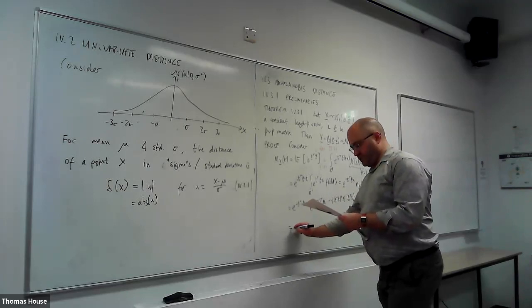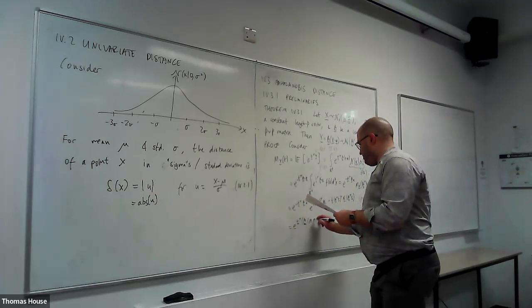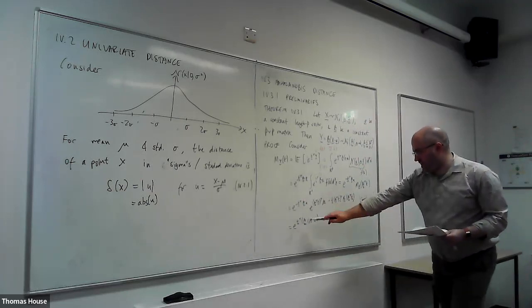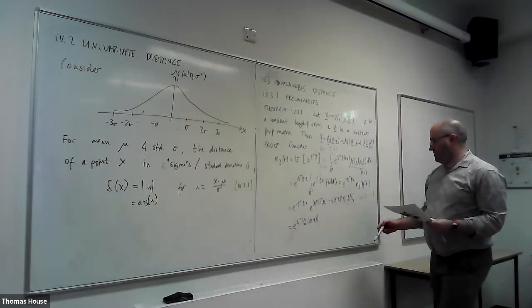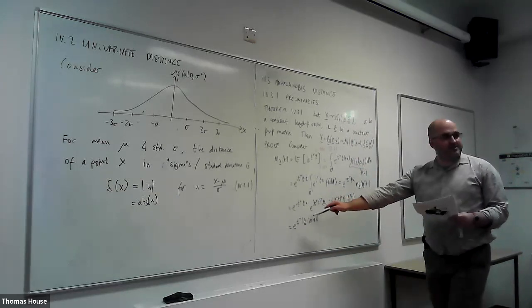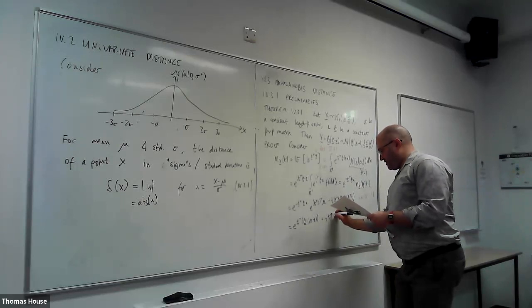So that's equal to e to the t transpose A mu minus a. You can see that's the a term with a minus in front of it, and then t transpose A mu without the minus term, plus a half t transpose A sigma A transpose t.